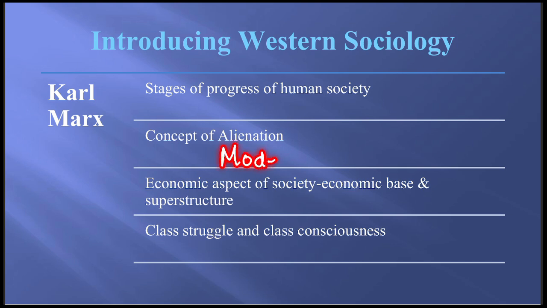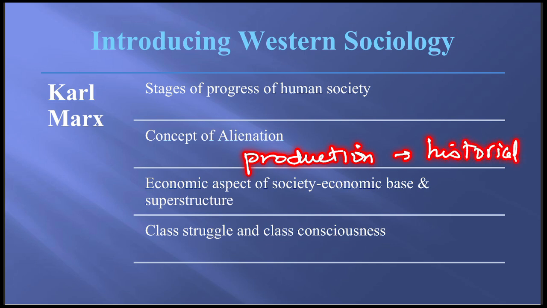His categorization of societies was based on the broad system of production associated with a particular historical period, and this defined an entire way of life characteristic of that era. So, primitive communism, slavery, feudalism, and capitalism were all modes of production.